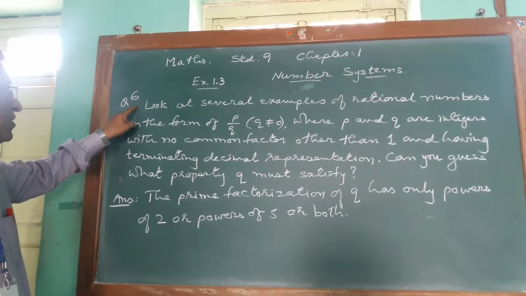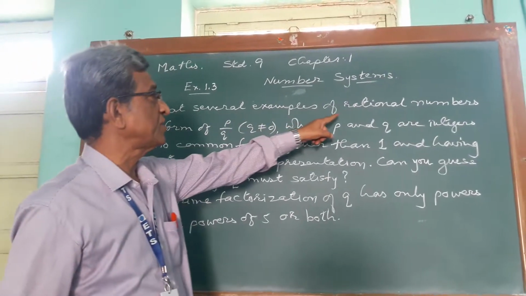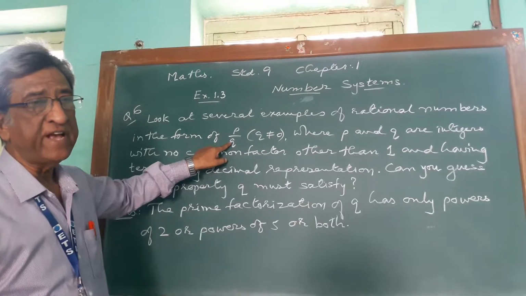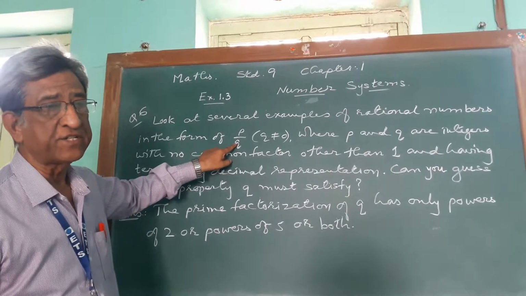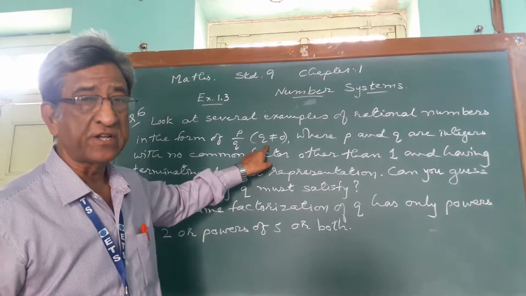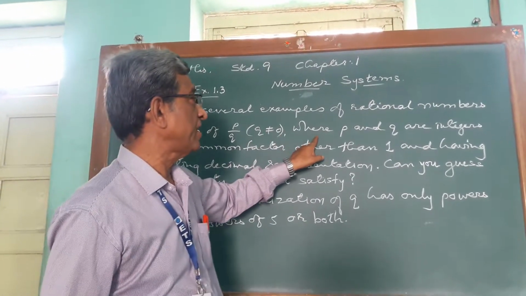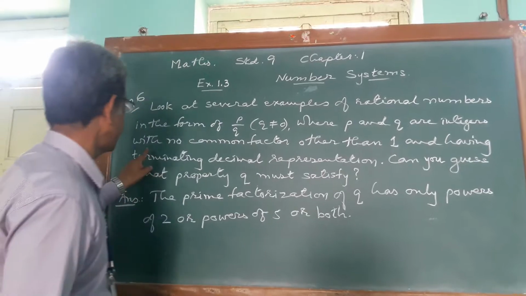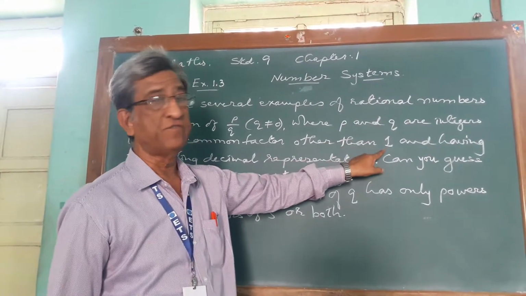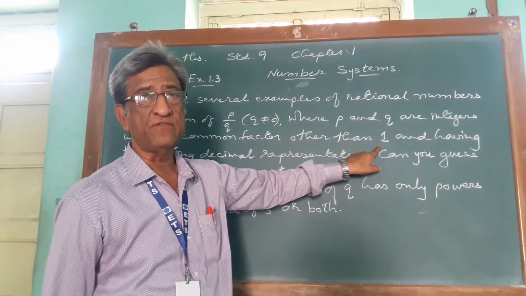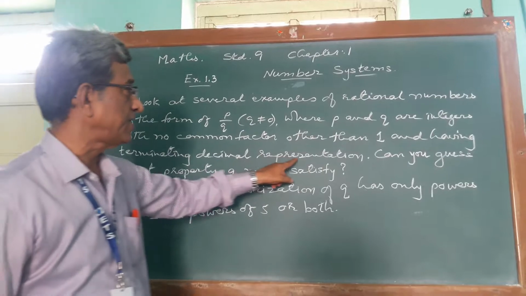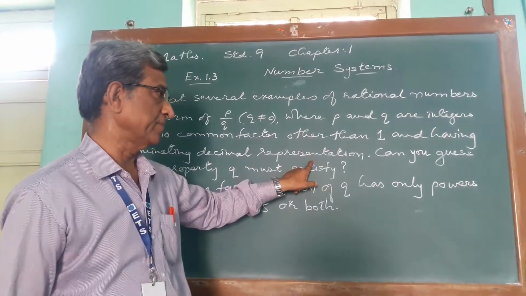Question 6. Look at the several examples of rational numbers in the form of P upon Q. So we have seen several examples of rational numbers in the form of P upon Q, where Q is not equal to 0, where P and Q are integers with no common factor other than 1, and having terminating decimal representation.